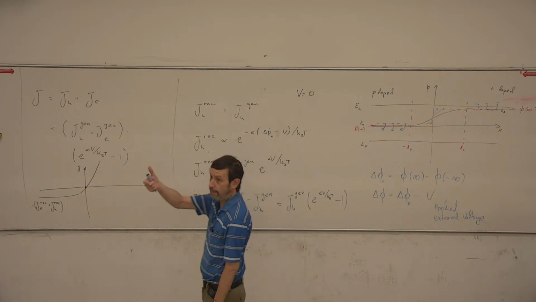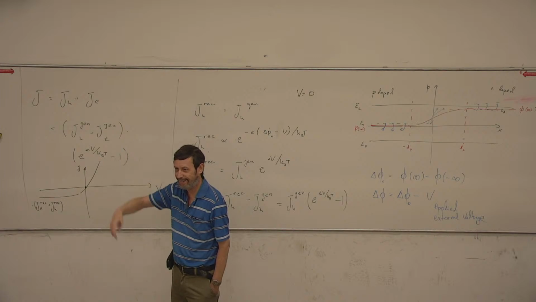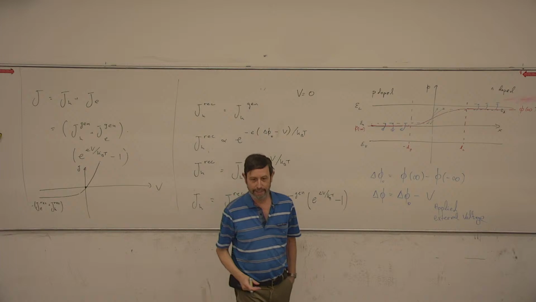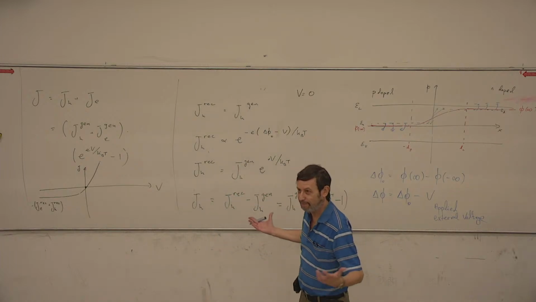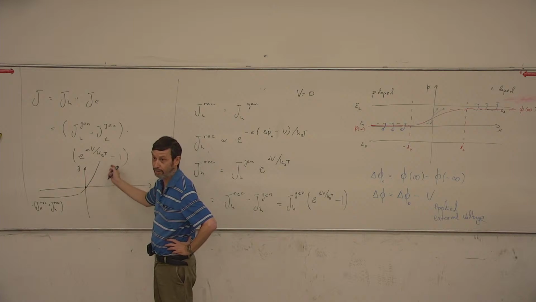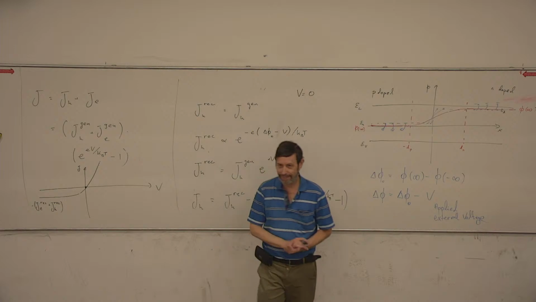In AC current, you're switching it at 200 hertz, 100 hertz, whatever your electric grid is, so you need it to be repetitive and well behaved.